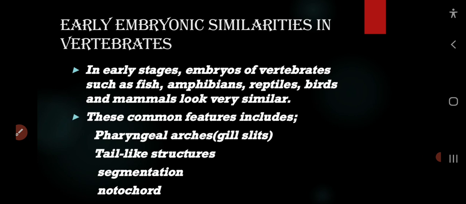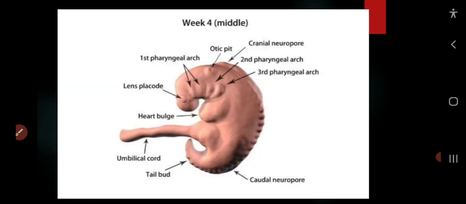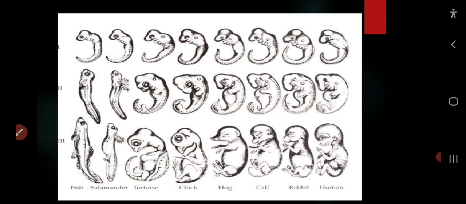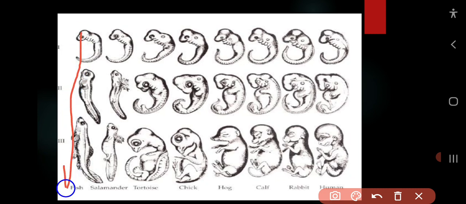You saw the body segmented, notochord inside. The gills are found right there. There's a bulgy head, there's a tail, and as you can see, the fish. If you look at the fish right there, the stages are moving down.